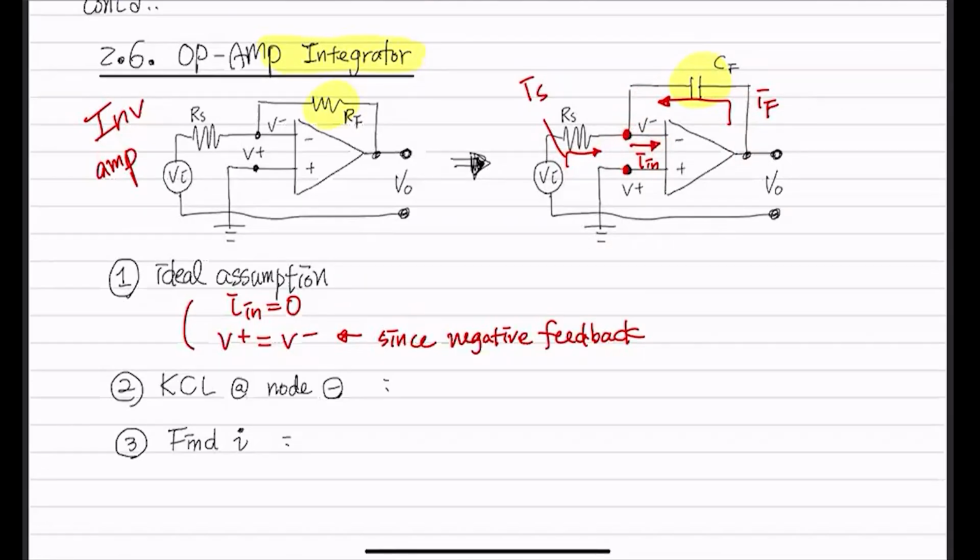And this KCL is what? It's flow in is equal to flow out, right? So we can find the flow ins are IS plus IF. And that is going to be the same as IN. These 2 currents are flowing in, and that guy is flowing out of it.